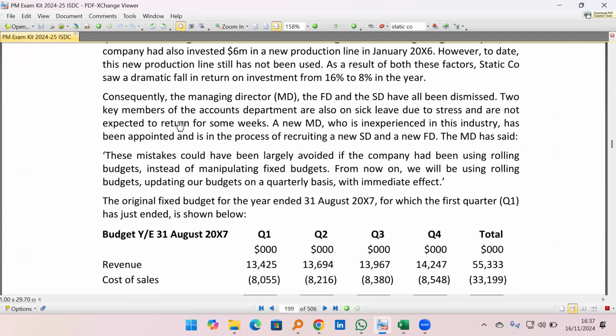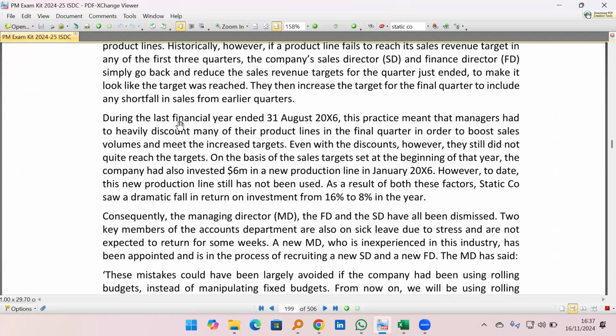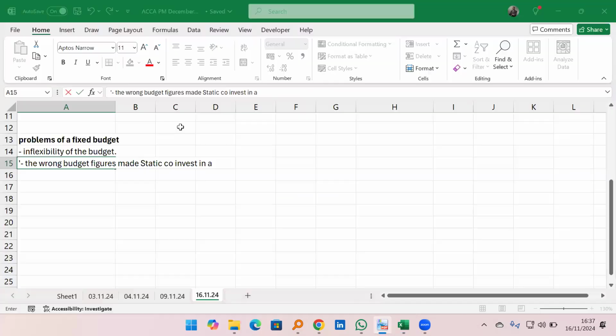It's a machine. It was a machine. Yeah. So made them invest in a machine that they didn't use. Okay. So that creates inefficiency.